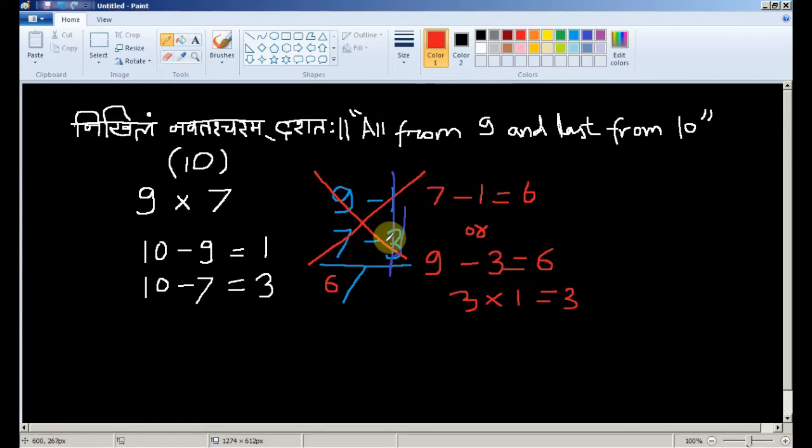If you multiply 1 and 3, the answer will be 3. So friends, 9 into 7 is now 63 as the answer. So this is a single digit multiplication, and you were able to find the answer very quickly without any problem.